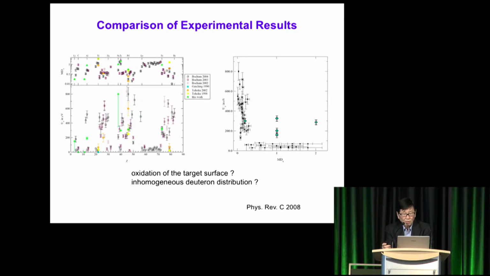The left-hand figure shows a correlation between screening potential and MDX. So therefore, we thought the results probably come from target surface contamination, that is carbon or oxygen or something like that.